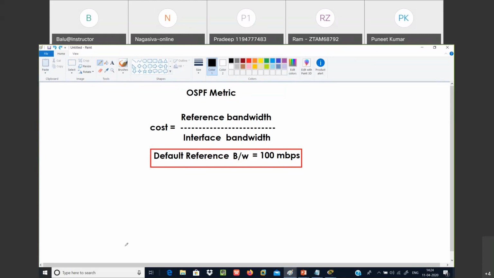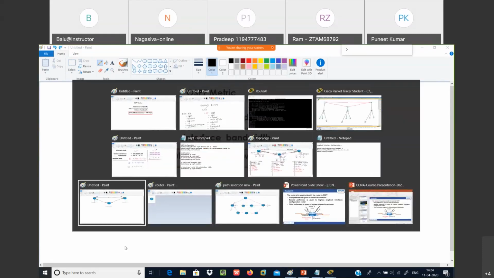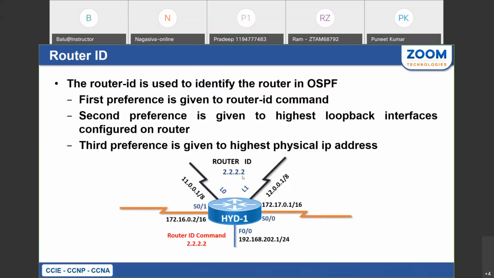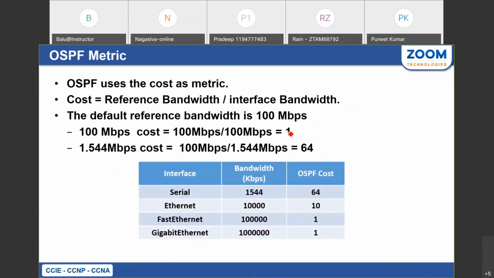Okay, guys. Let me open my notes. You can see here, OSPF uses the cost as a metric.